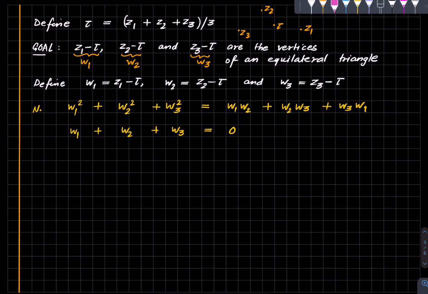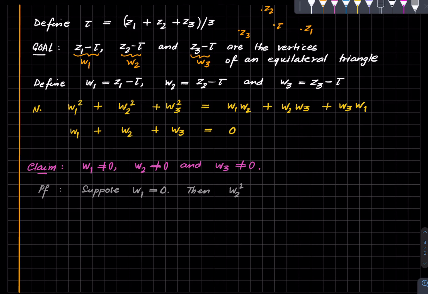So now we have another claim. Our claim is that W1 is non-zero, W2 is non-zero, and W3 is non-zero. Here is the proof. Again, you can try this for yourself, but suppose for the sake of contradiction that W1 is 0. Then from the first of these two yellow equations, we get W2 square plus W3 square is W2 W3, because two terms on the right hand side go away.